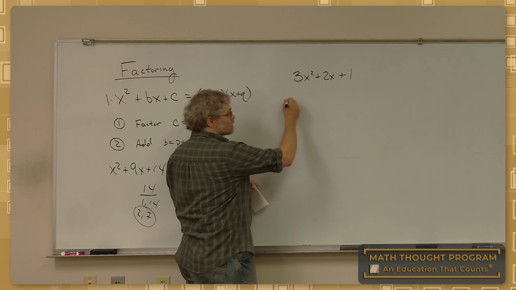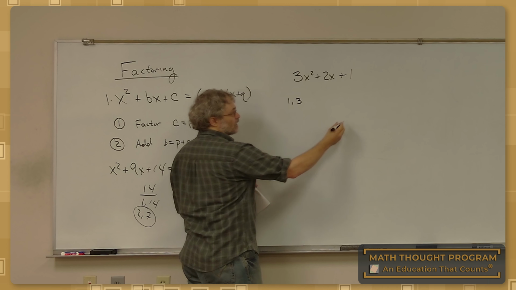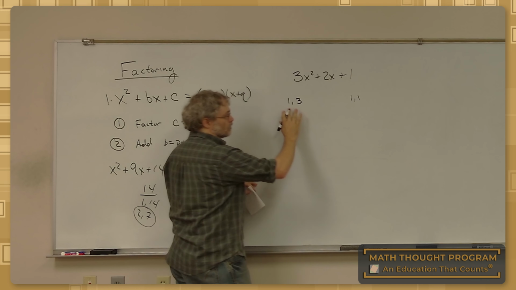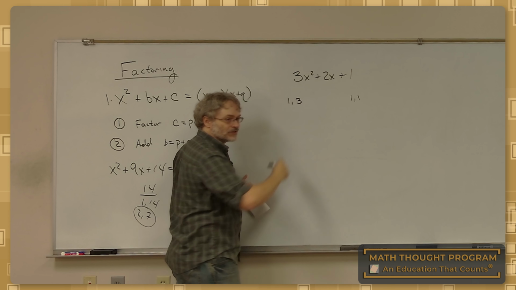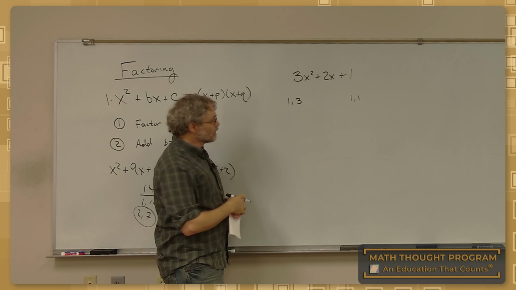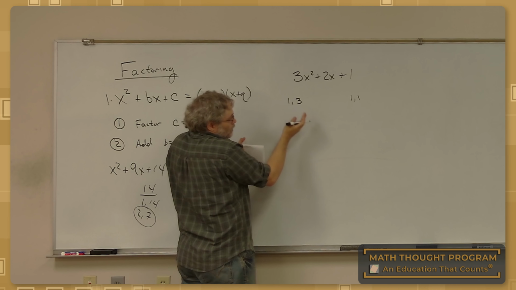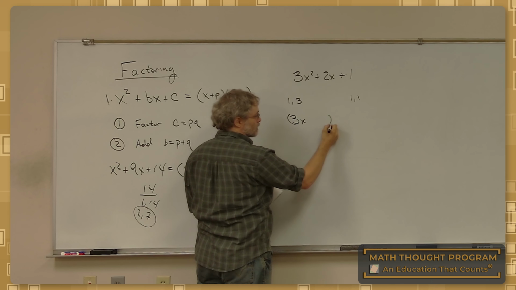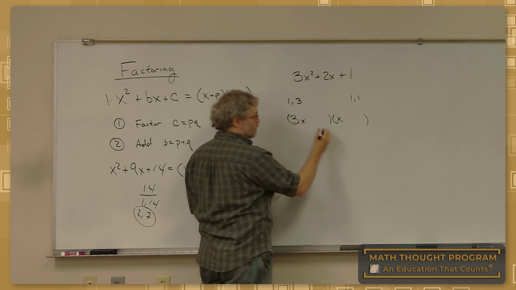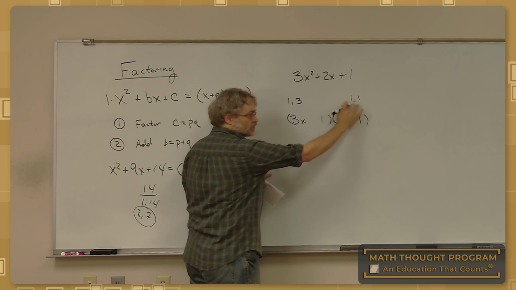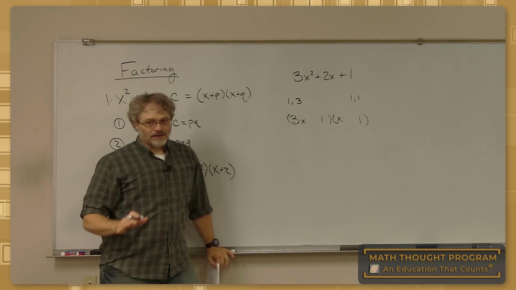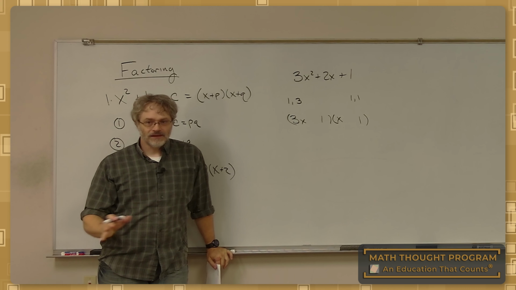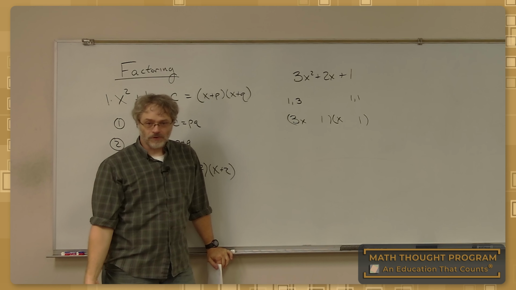In this case, there's not that much to check because here, 3 is a prime number, 1 is a unit, so we're in good shape. And so if this is going to factor, I know it's going to factor as 3x, x, and then a 1 and a 1, since those are repeated. If this works, we got it. If not, we would call it a prime polynomial.